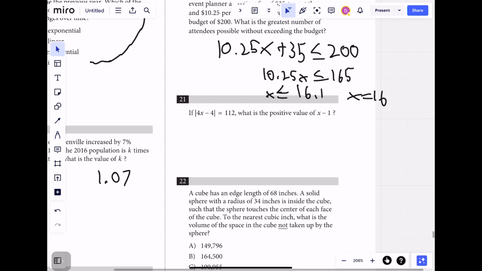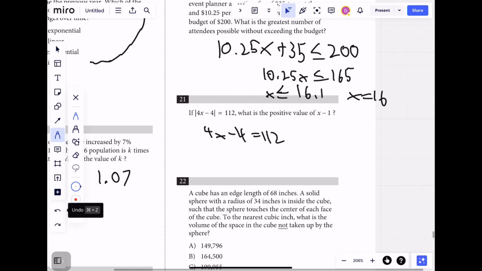Number 21. If the absolute value of 4x minus 4 is 112, what's a positive value of x minus 1? Looking at the equation, we can basically just eliminate the absolute value, because this is going to be positive anyway, so we don't need it.